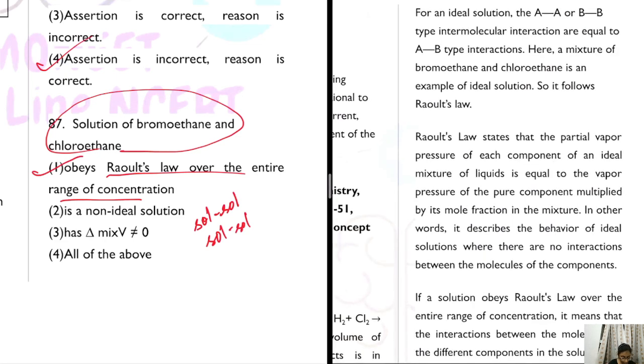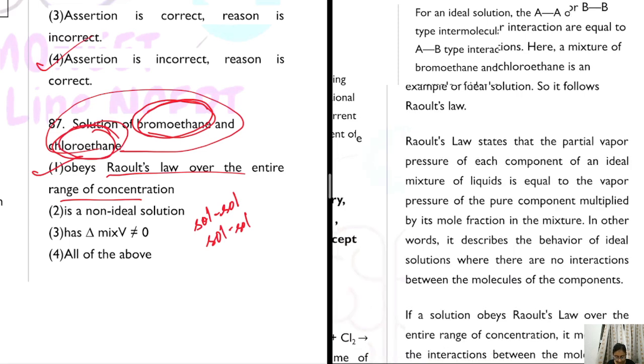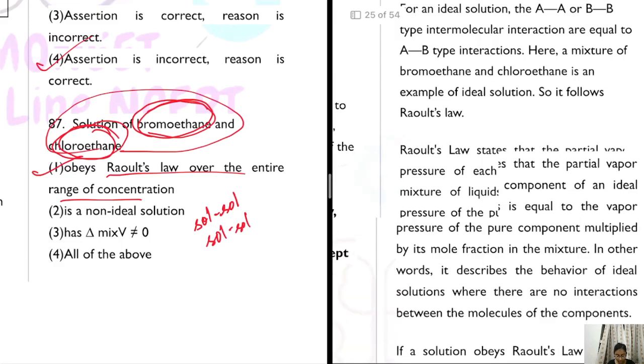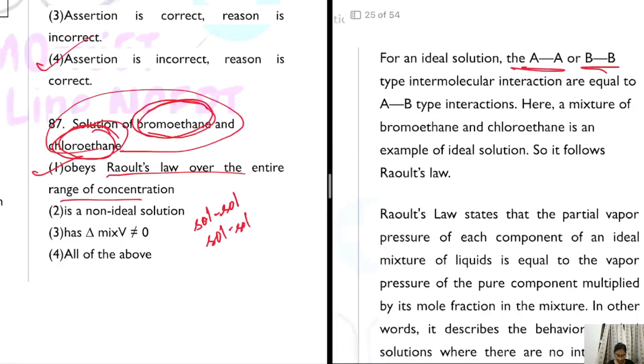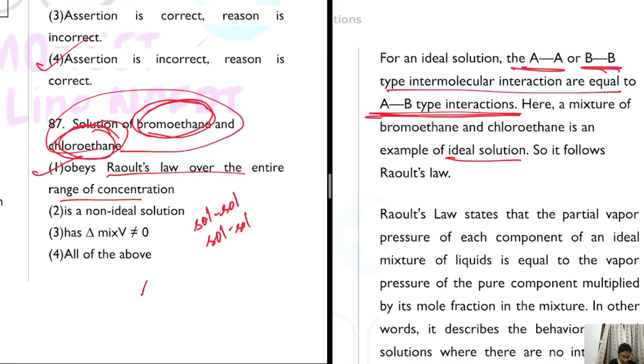The interactions between bromoethane molecules and between chloroethane molecules will be equal to the interaction between bromoethane and chloroethane. That is, AA or BB interactions are equal to AB type of interactions. Therefore, they are an example of ideal solutions. In an ideal solution, delta mixing V equals 0. So this would be our correct answer.